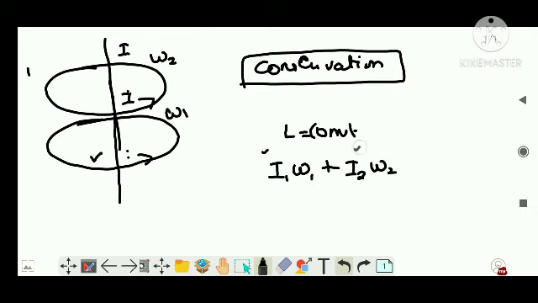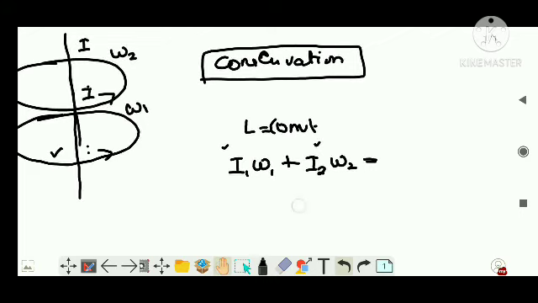Their total angular momentum is equal to, when they combine, a new angular velocity, let's say omega, and the new moment of inertia will be the sum of these two, that is I plus I, that is 2I. The moment of inertia of each one you can add, I1 plus I2, and since both are equal, you will take it as 2I.